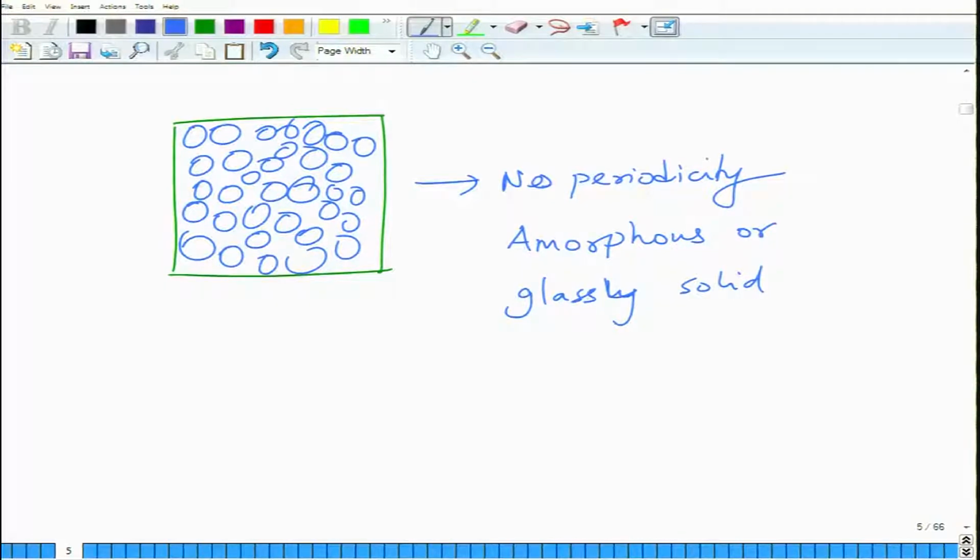So, these are the three classes of materials, which is basically dependent upon the length scales over which the atoms are arranged in a certain fashion.